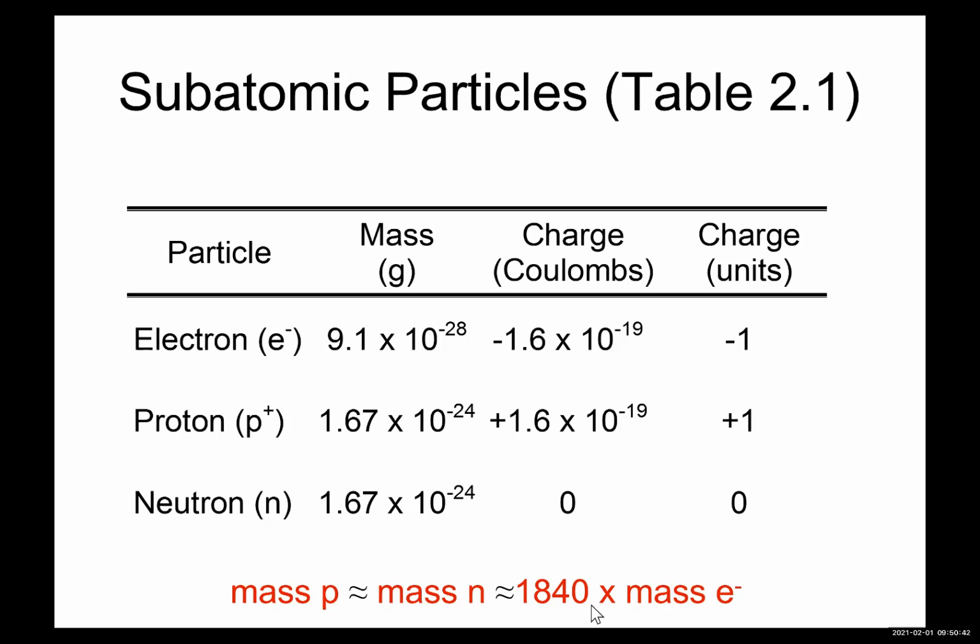And when you compare the mass of protons and neutrons with the mass of electrons, electrons are almost 2,000 times lighter. So we assume the mass of the atom is the mass of its protons and neutrons. Electrons don't have a lot of mass. We assume they have zero mass.